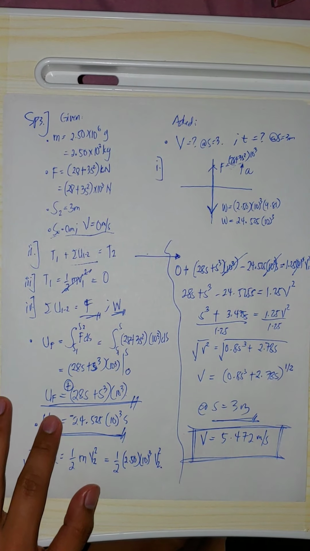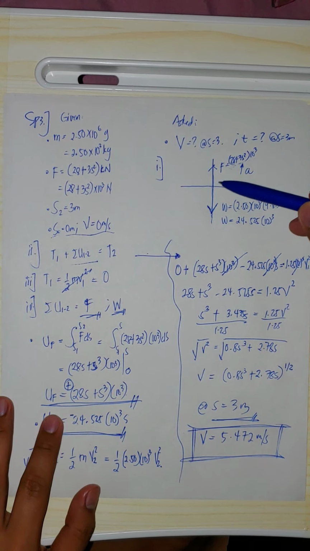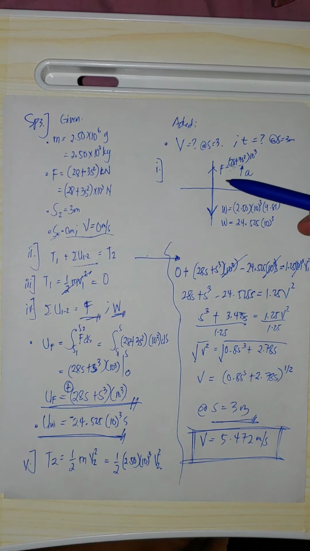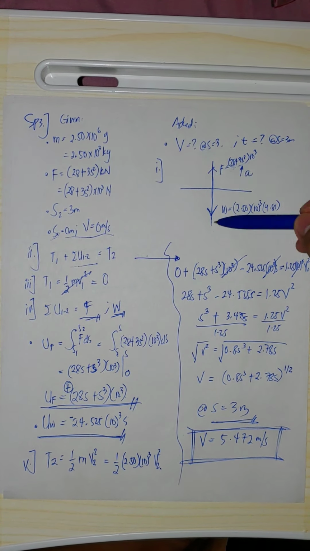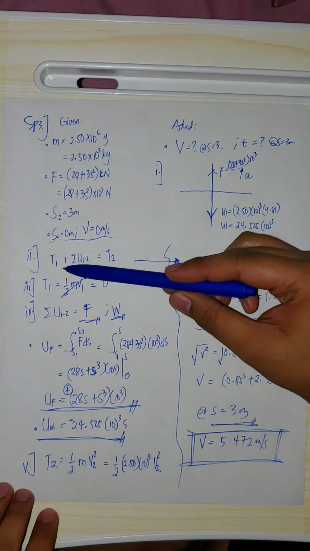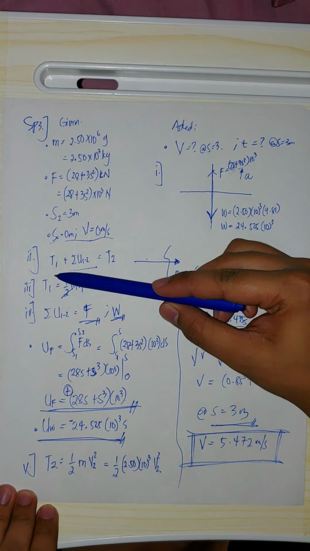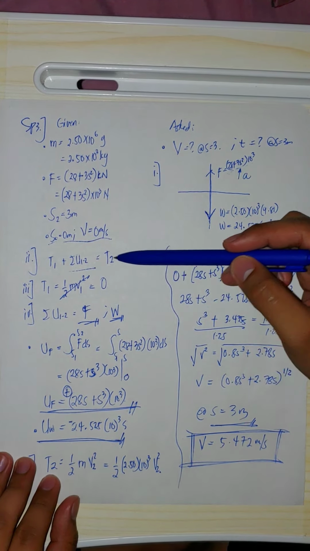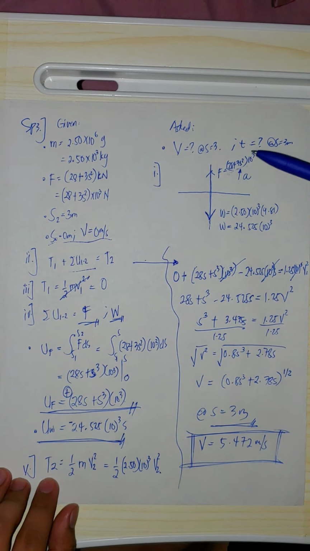So what did we do? Always draw the FBD and then reorient it to make it easier, but since this is already oriented, straight, with no angle, we can go directly, then we write the work energy principle: the initial kinetic energy plus the total work done equals the final kinetic energy.